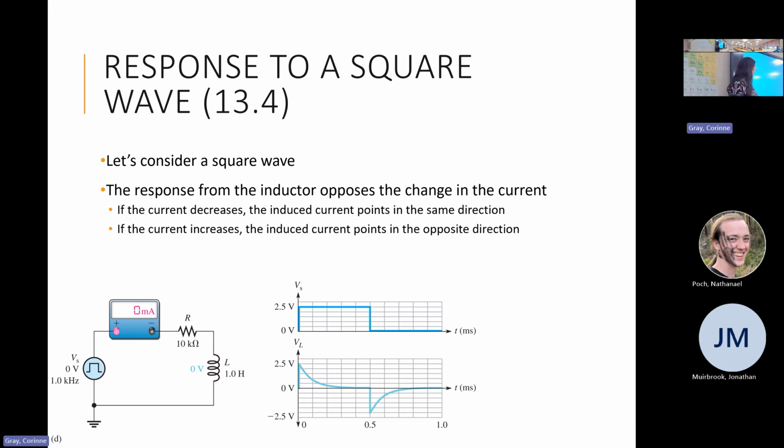With the inductor, any time there is a change, it's opposing that change in what's happening. So if there's no voltage being applied, there's no current flowing through that inductor. As soon as this jumps to the 2.5 volts, this is pointing in the opposite direction. It is opposing that change.